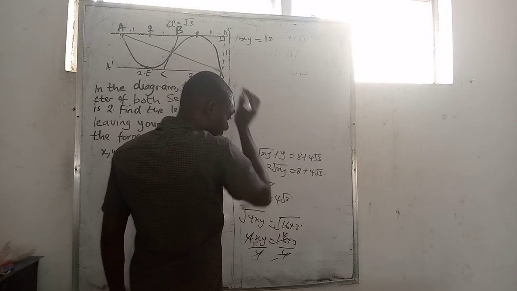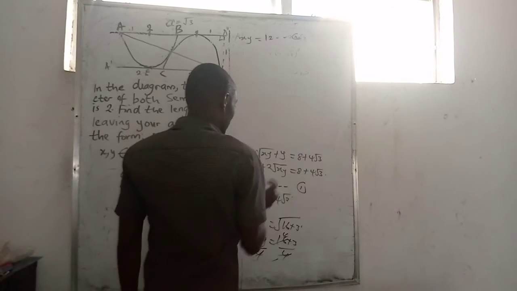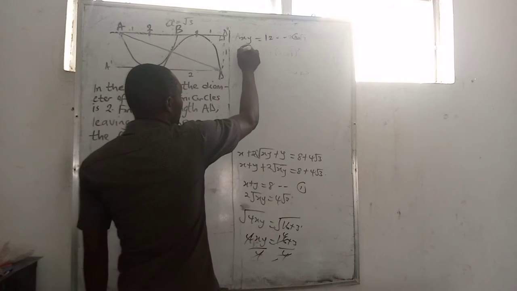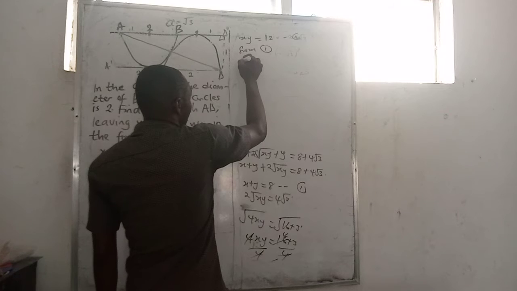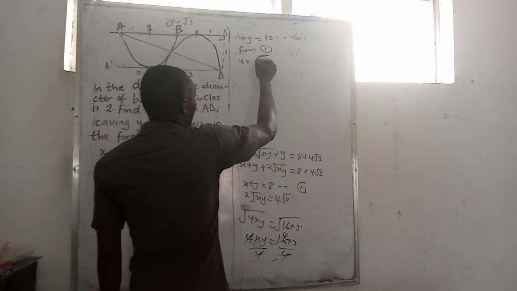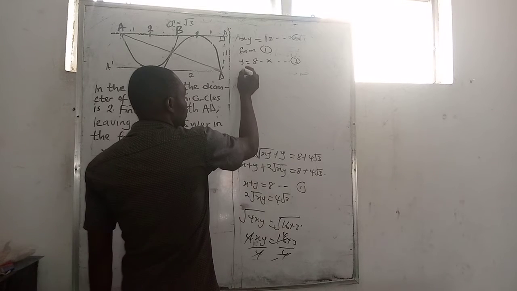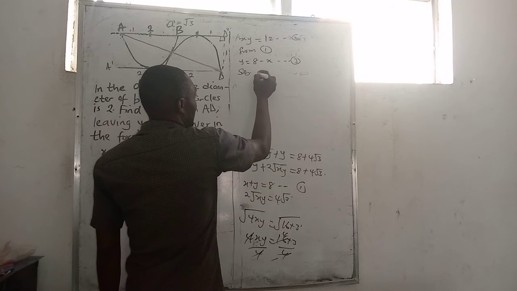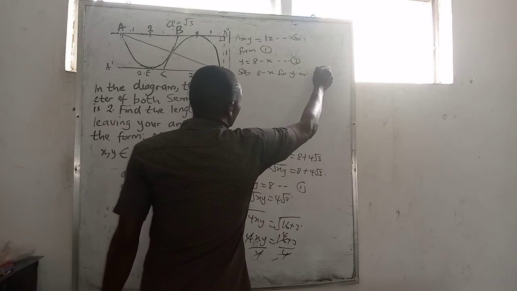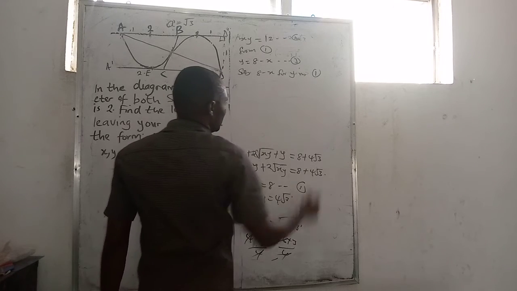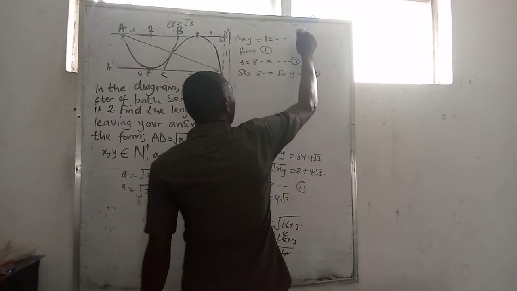So this is our equation 1, and this is equation 2. So we can substitute from equation 1. We can say that y equals 8 minus x, equation 3. So I'm going to substitute 8 minus x for y in equation 2.